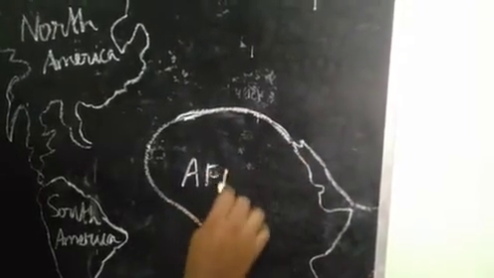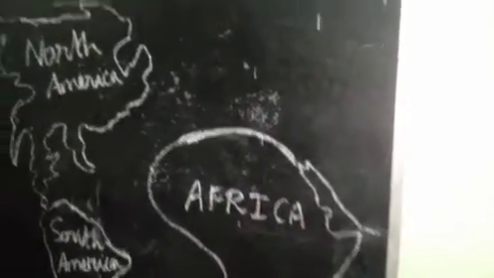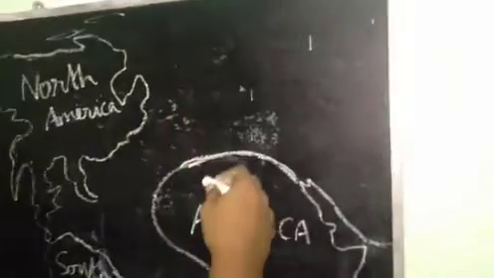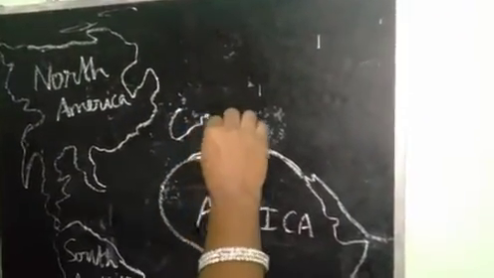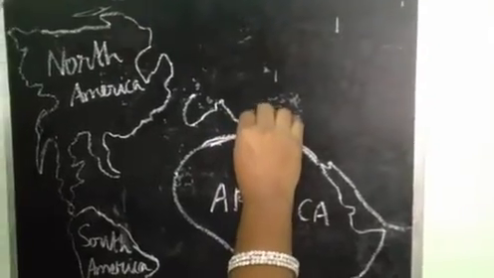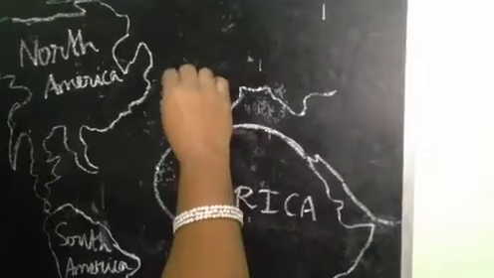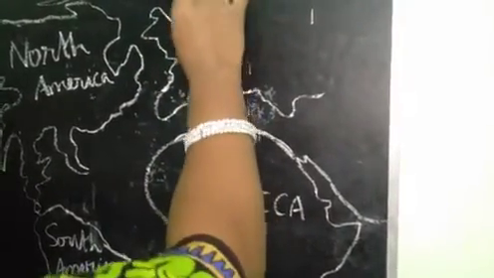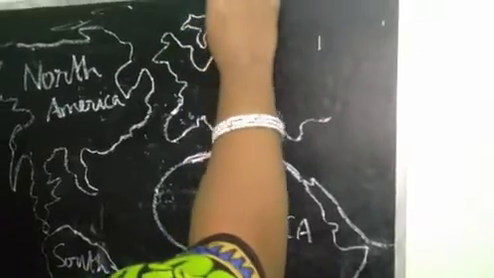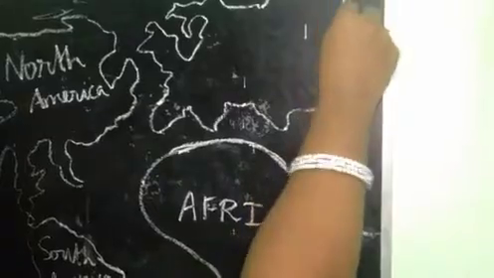So I am drawing 3 continents and then I'll draw one more continent on the top also. This is just an outline. If it's not perfect, excuse me. The continent above Africa is Europe. Half of it.